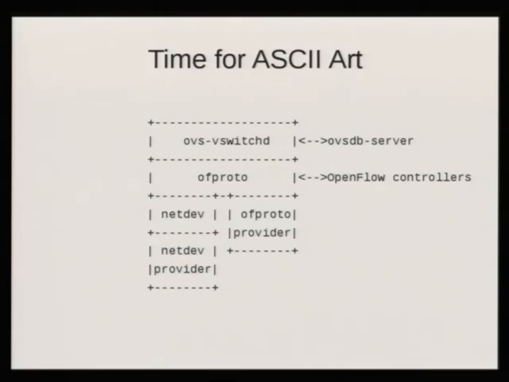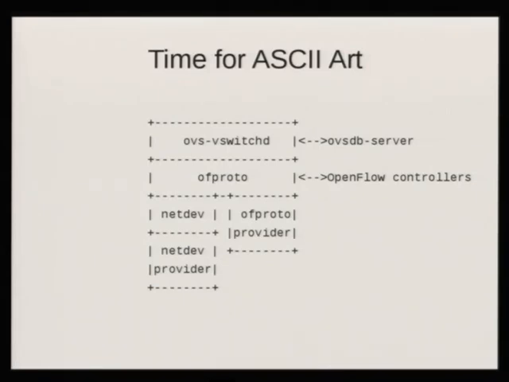Well, and the other thing that OF-proto does is talk to NetDev, which is a very simple library which wraps communication with a NetDev provider. And there's a lot of them. So if you want to add a port to a switch, you set it up in the database.